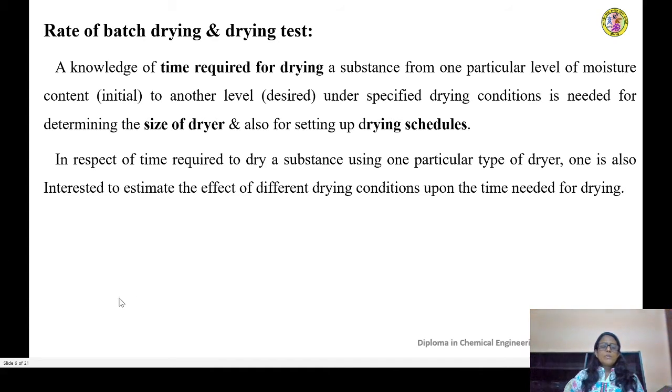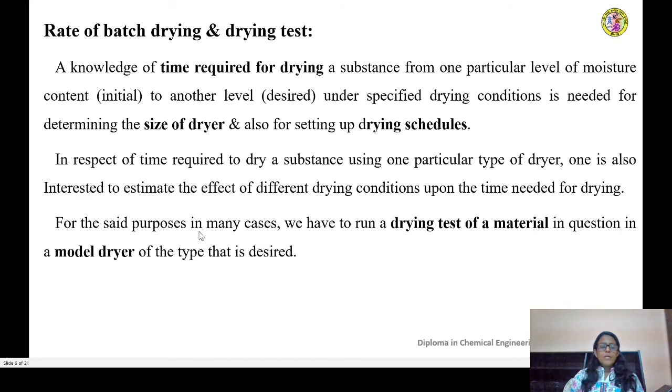This knowledge is also important for the above said purpose. So for that purpose, we need to run a drying test of the material in question, that is, the one which is to be dried at the given condition, given situation. We need to construct a model dryer similar to the type of dryer that needs to be designed and installed.